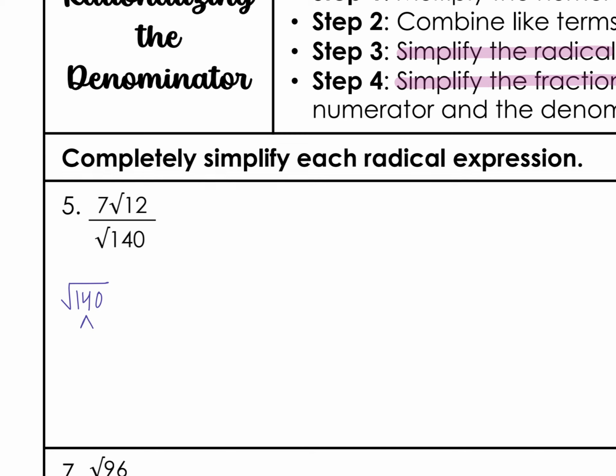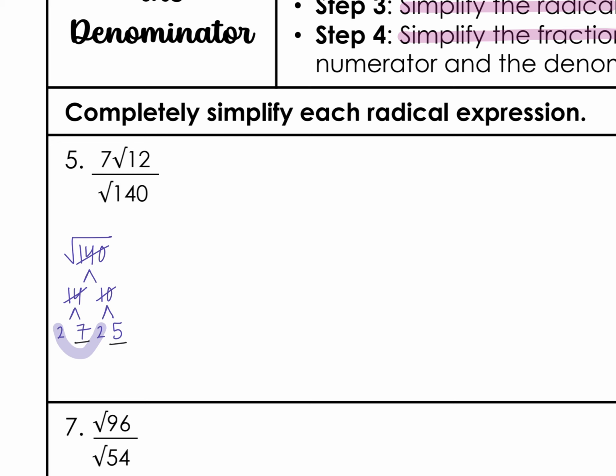I'm going to take the square root of 140 and simplify. This is my scratch work. I can factor that into 14 and 10. Then I can factor the 14 into 2 times 7, and my 10 can be factored into 2 times 5. Once I've done that, I notice I have a pair of 2s that I can pull out, and we're left over with the 7 and 5.